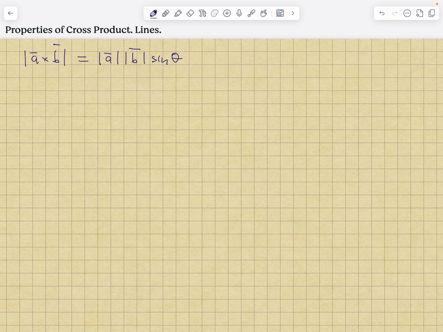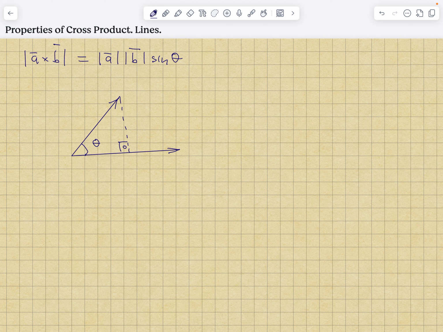So let's think about the following picture. We have a vector A, then another vector B. The angle between these two is going to be theta. When we discussed the dot product, we did the following calculation.